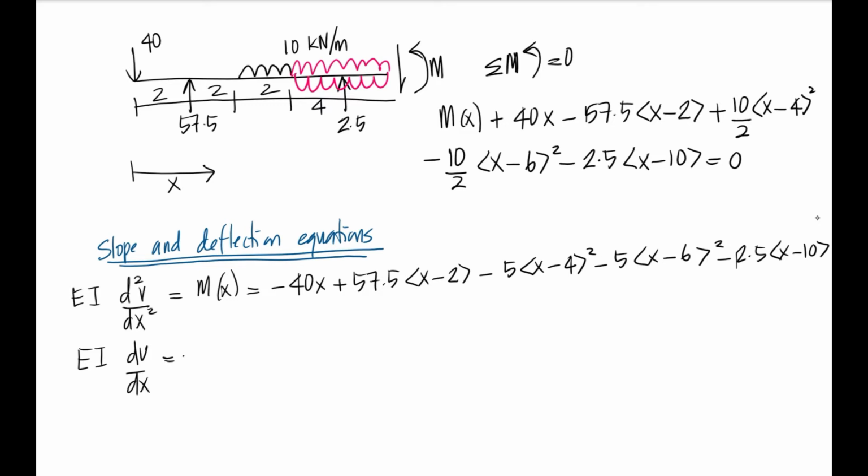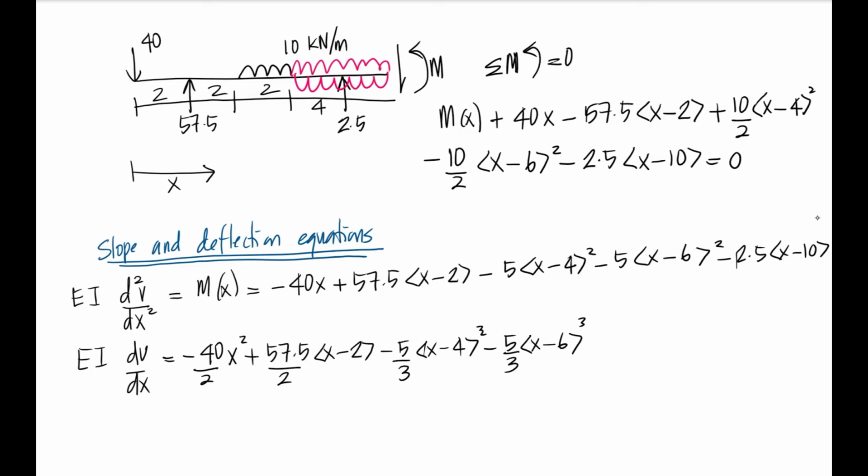So we have 20x to the power of 2 plus 2.5 divided by 2 (x minus 2) squared minus 5 over 3 (x minus 4) cubed minus 5 over 3 (x minus 6) to the power of 3 minus 2.5 divided by 2 (x minus 10) to the power of 2 plus c1.